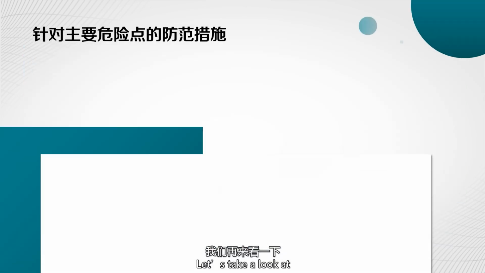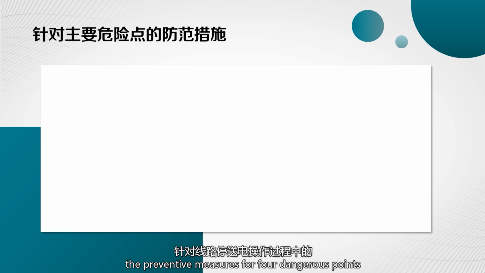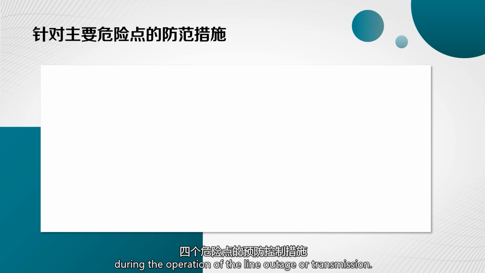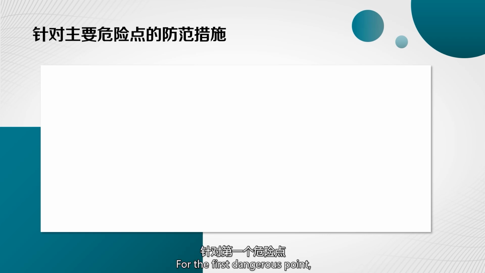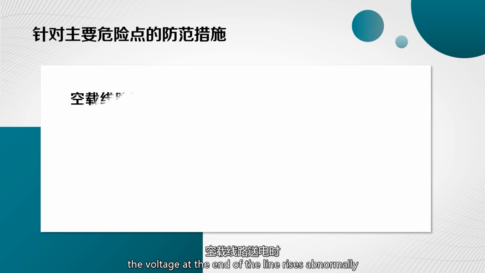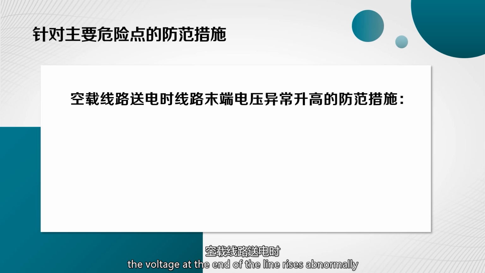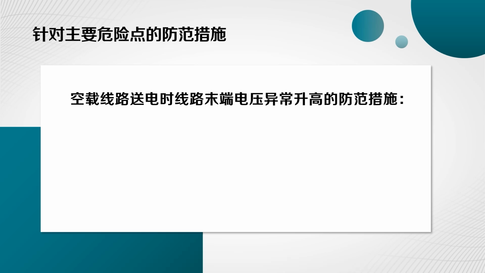Let's take a look at the preventive measures for the 4 dangerous points during the operation of the line outage or transmission. For the first dangerous point, the voltage at the end of the line rises abnormally when the no-load line is transmitted. Preventive control measures can be taken as follows.